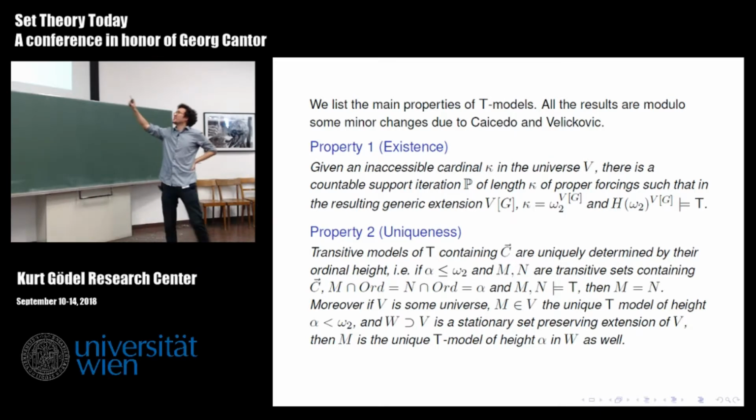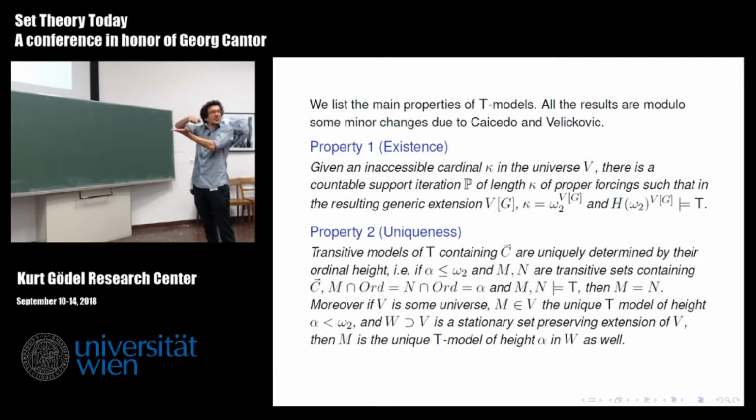Whenever I talk about a T model, I always mean that the models are transitive, of size Aleph 1 or Aleph 2, and contain the ladder system. So transitive models of T containing C are uniquely determined by the ordinal height below Aleph 2. Whenever we have two T models, both containing the ladder system, then there is only one.